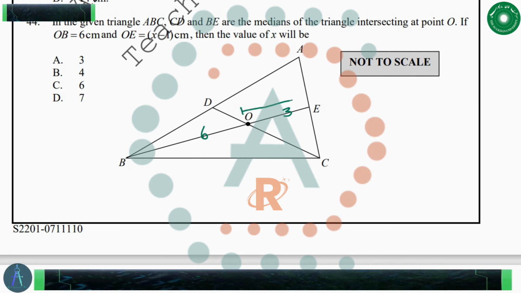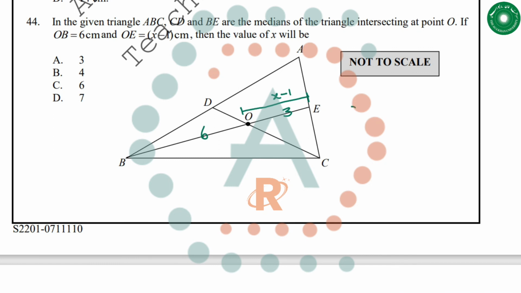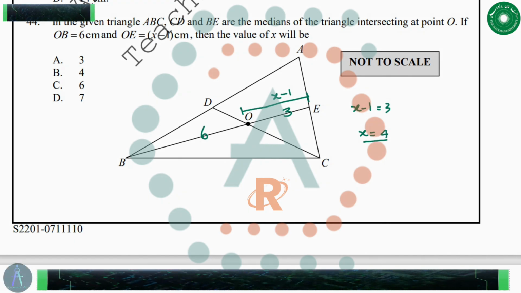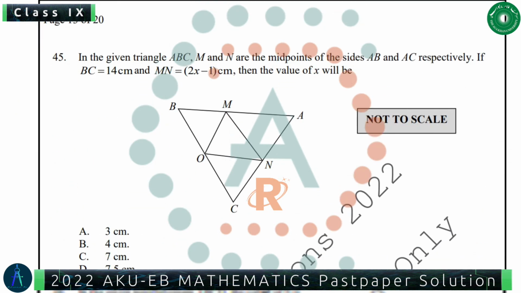From here to here, OE is given as x minus 1. So as we can see, half of OB will be equal to OE. So x minus 1 will be equal to 3. So x will be equal to 4 in this question. Option B is the right answer.